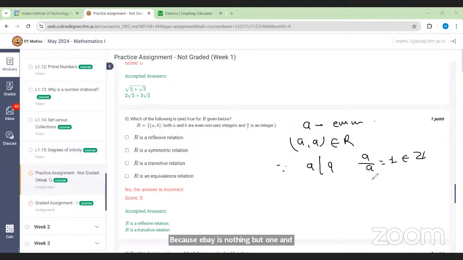We want A by B to be an integer, and A, B non-zero integers. So if A is a non-zero integer, again A is a non-zero integer. That's why every element is related to itself. That's why it is reflexive.